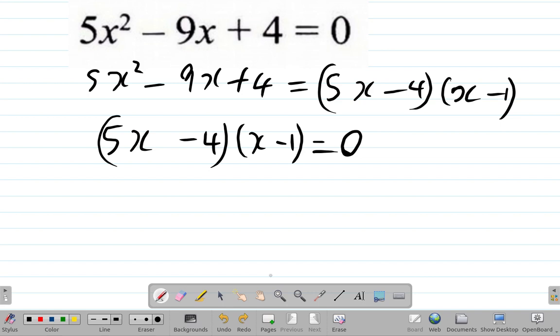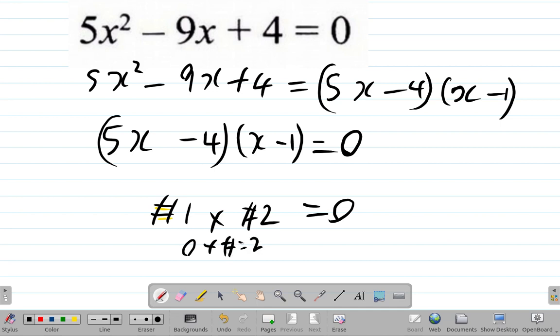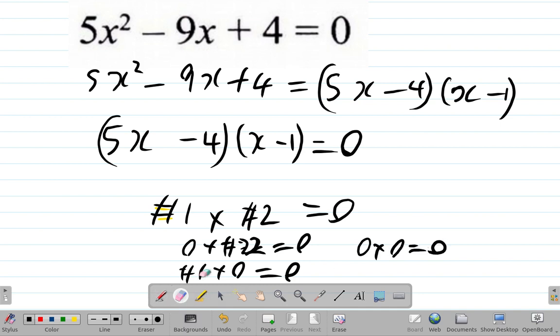So if you multiply number 1 and number 2, and the answer is 0, it means either number 1 is 0 or number 2 is 0. So that 0 times number 2 is 0, or number 1 times 0 is 0. Or maybe both of them are 0 because 0 times 0 is 0. Alright? So that's the argument you're going to put forward here.